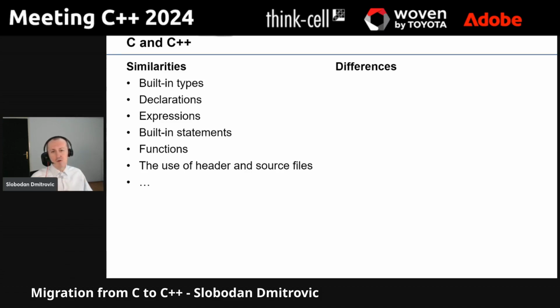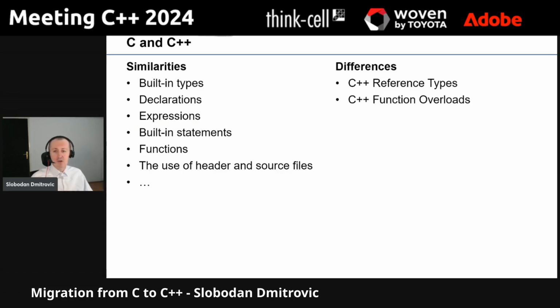And now let's take a look at the differences column, shall we? One of the differences, not the biggest, is that C++ has something called reference types. And C++ also has function overloads.